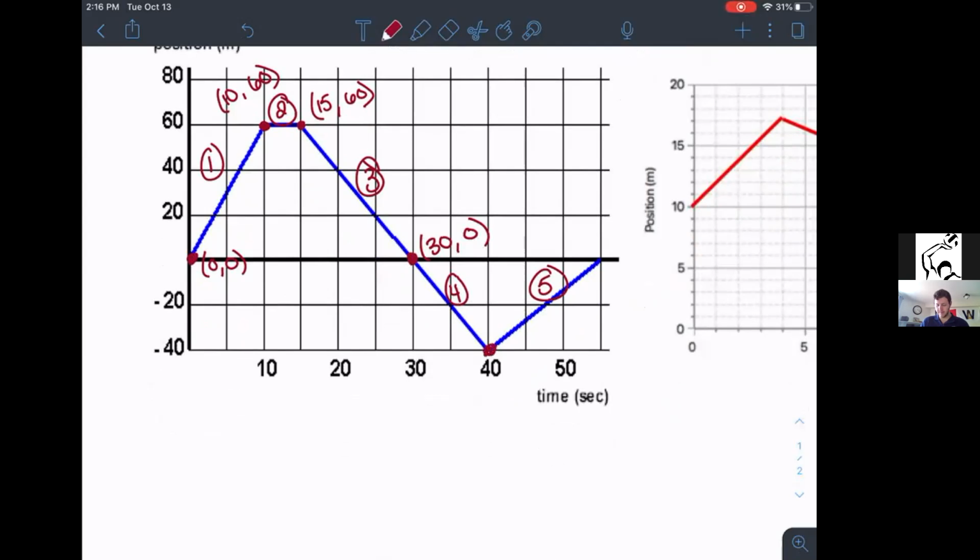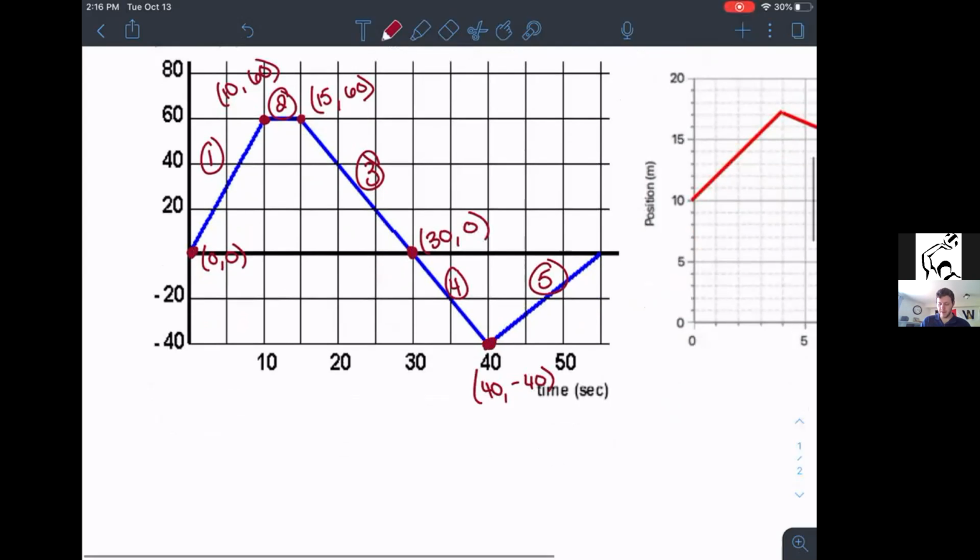Way down here, we are at 40 seconds, and we are at negative 40. And then finally, we travel back to the home. And so we are at 55 seconds, and we're at 0 meters away again.